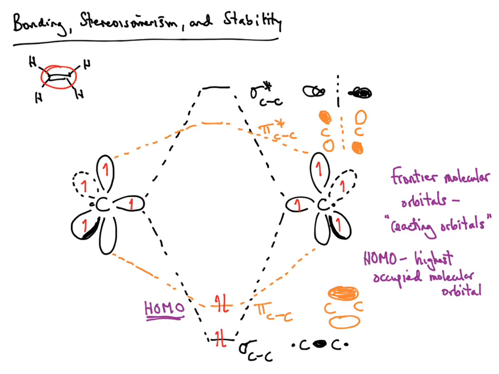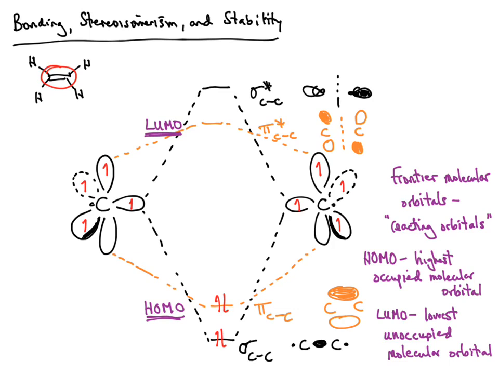The other orbital that we care about, the other frontier molecular orbital we care about, is the LUMO. This stands for the lowest unoccupied molecular orbital. And the LUMO in ethylene happens to be the pi star CC.